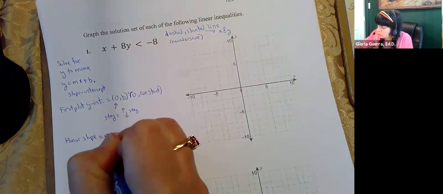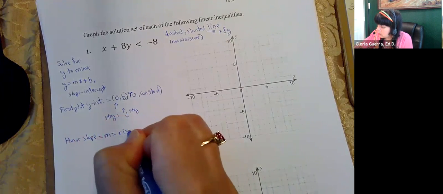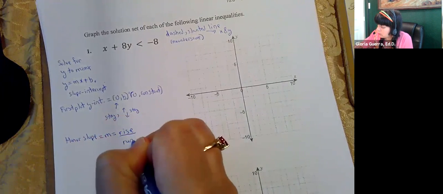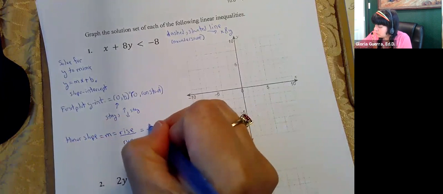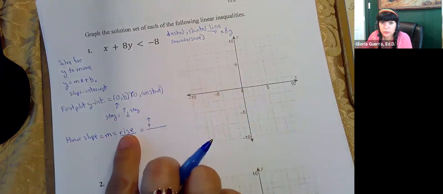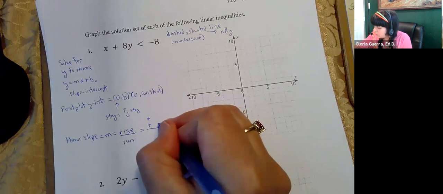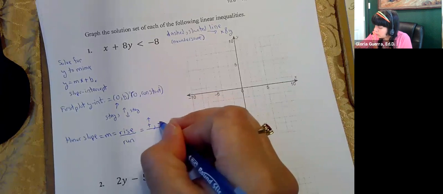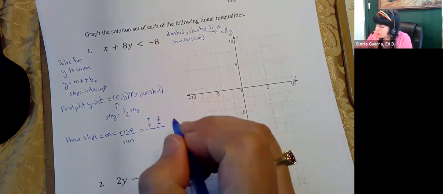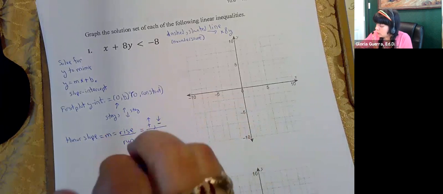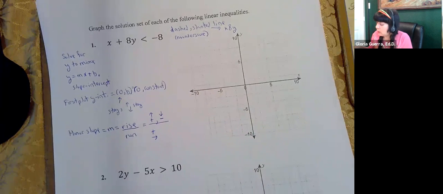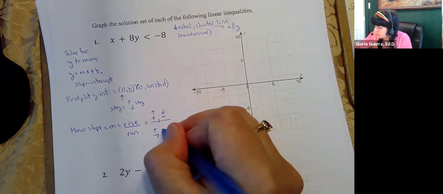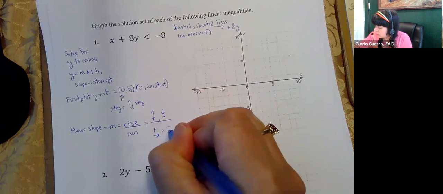When you honor your slope, you're using this idea of rise over run. If you have a positive numerator, you are going up. If you have a negative numerator, then you're going down. On your run, if you have a positive, then you're running right, and if you have a negative, then you're running left.